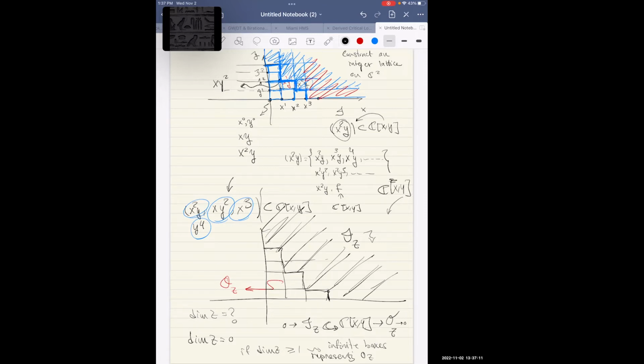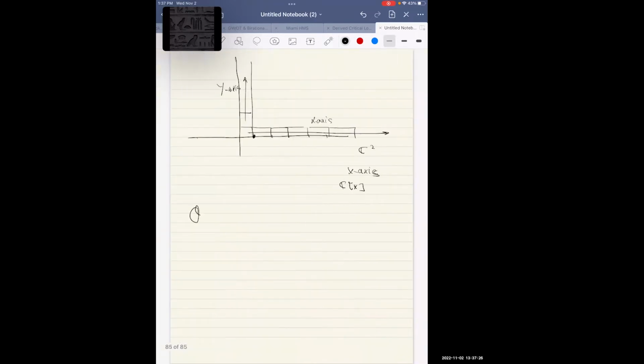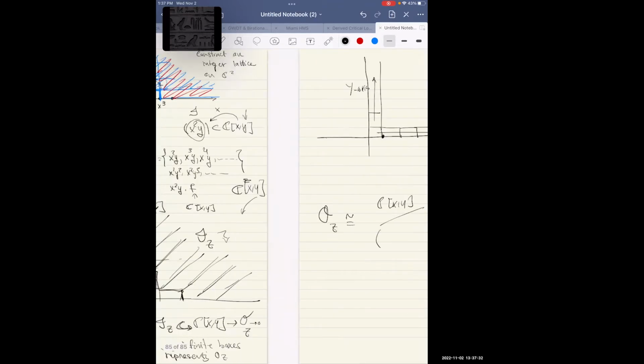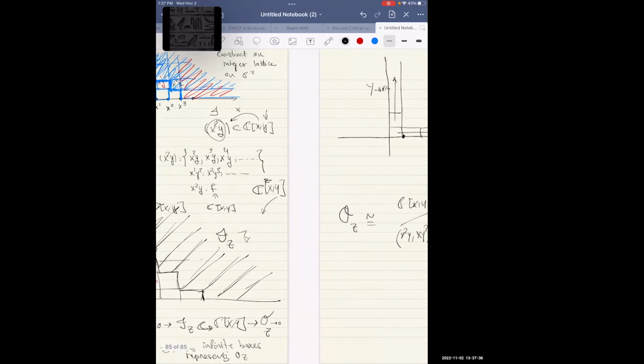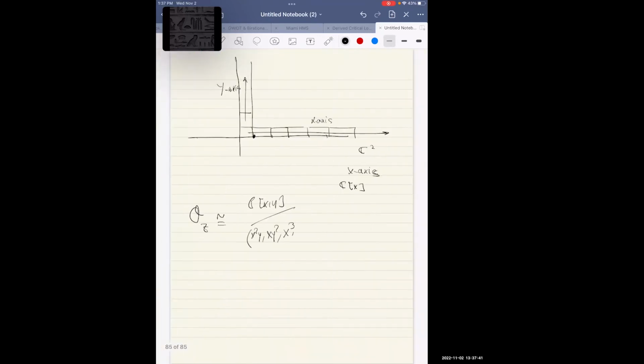So this picture combinatorially even tells you that if inside X and Y, this ring, I pick generators X squared Y, XY squared, X cubed, and Y to the fourth, the module that it gives me, which is C of XY divided by the ideal X squared Y, comma, XY squared, and then X cubed, and then Y to the fourth, this thing would be actually a skyscraper sheaf of a point, of a fat point.